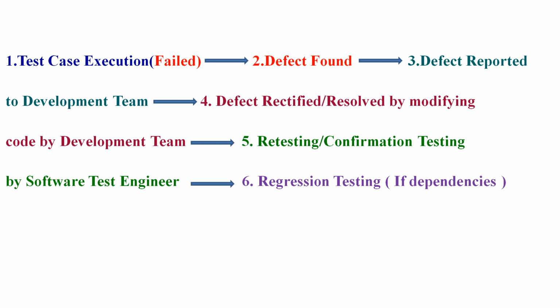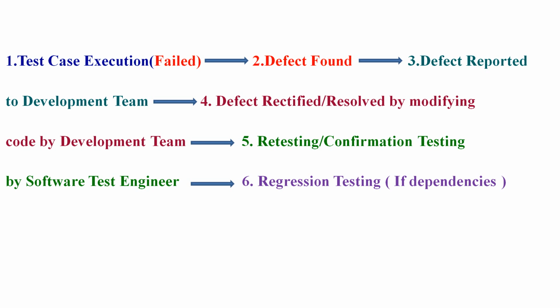After finding the defect, the concerned software test engineer is supposed to report that defect to the development team. How to report the defect? There will be a mechanism, through which the testing team will report the defects to the development team, either manually or by using tools, which we will discuss going forward.